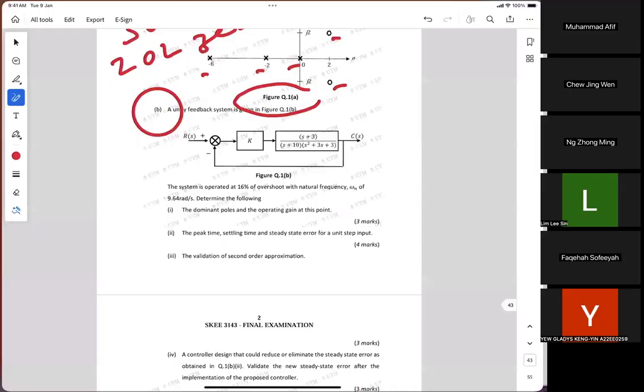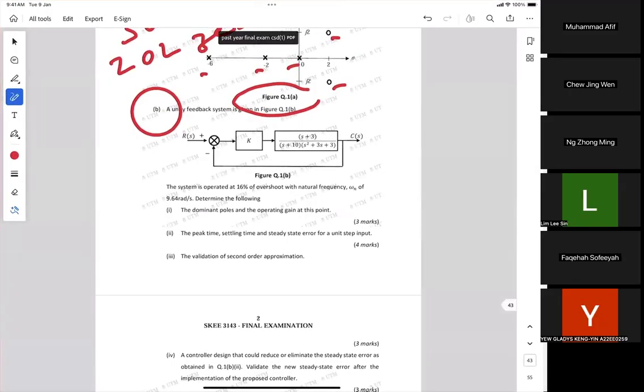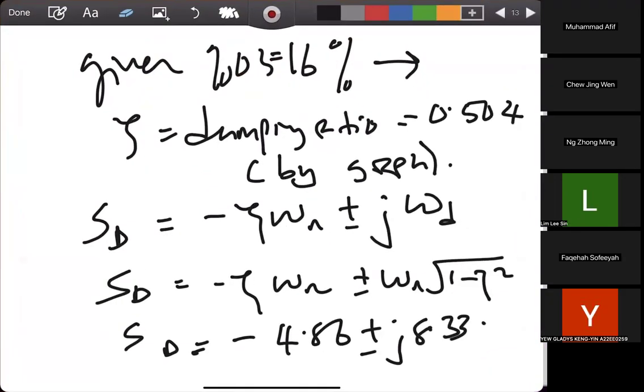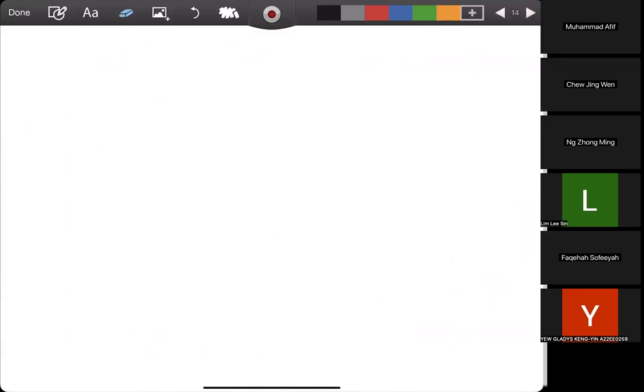And what is the dominant pole and the operating gain at this point, or gain? So how to calculate gain? Okay, gain.